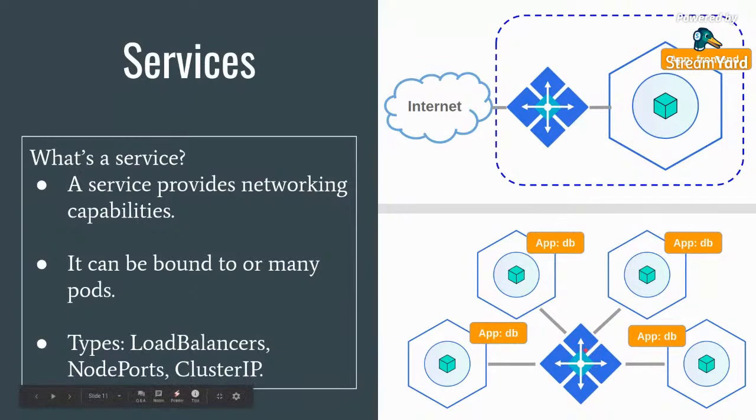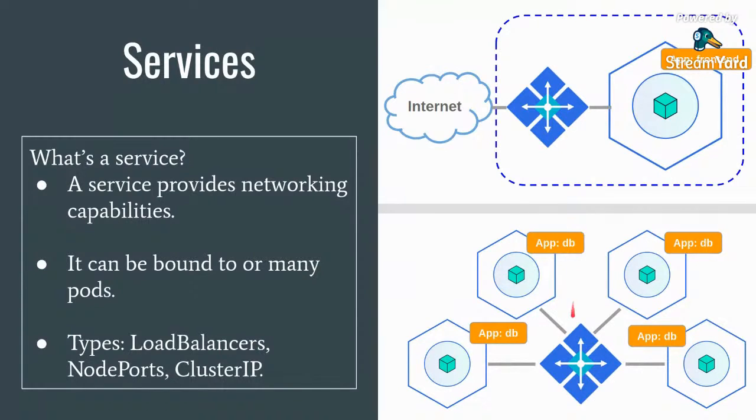Essentially, each pod has a label attached to it. It's like you're putting a sticker on a pod saying, you have this label and you're identified by this label. In this case, the label is app:db. You can set this to any key-value pair. It doesn't really matter. It could be absolutely anything you want.